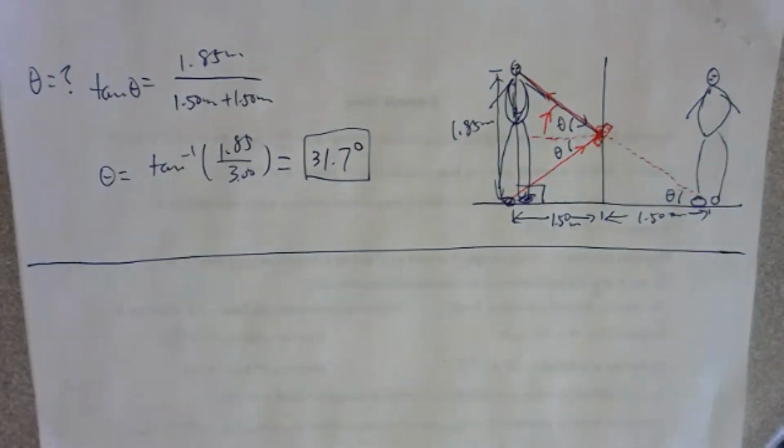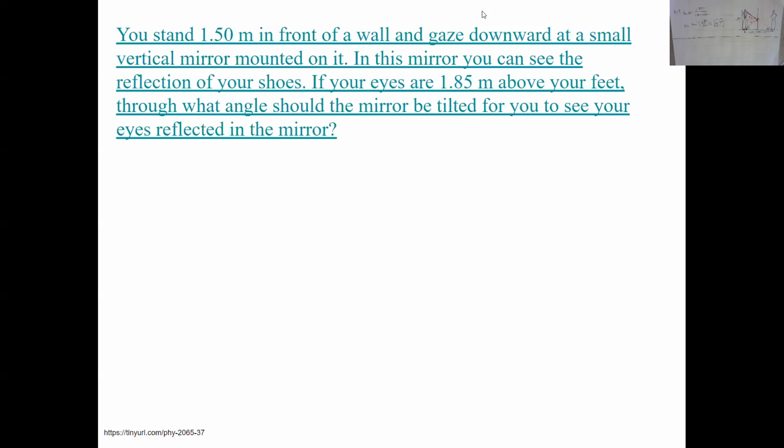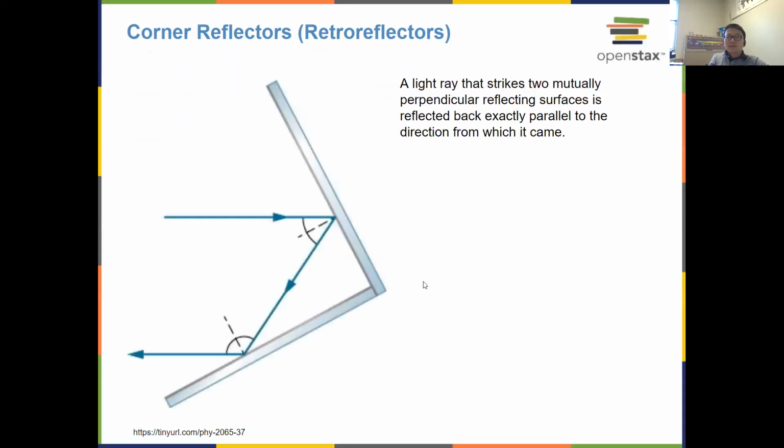Okay, so let's go back to the PowerPoint slide. If you have a couple of mirrors, you can put them perpendicular to each other, okay? So then the light rays striking the mirror will get reflected one time and two times and then come out. So the fact is that if you have those two perpendicular to each other, a light ray comes in and will come out parallel to its initial direction, okay?